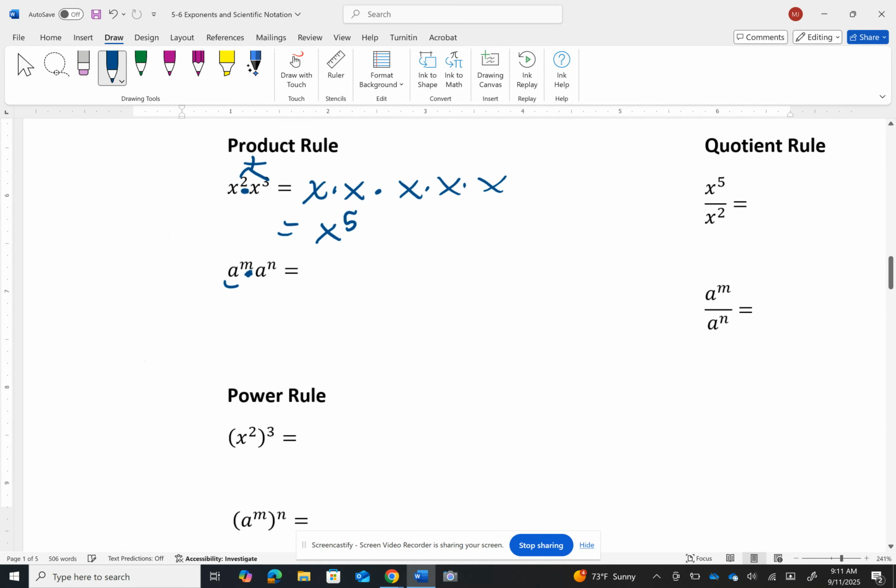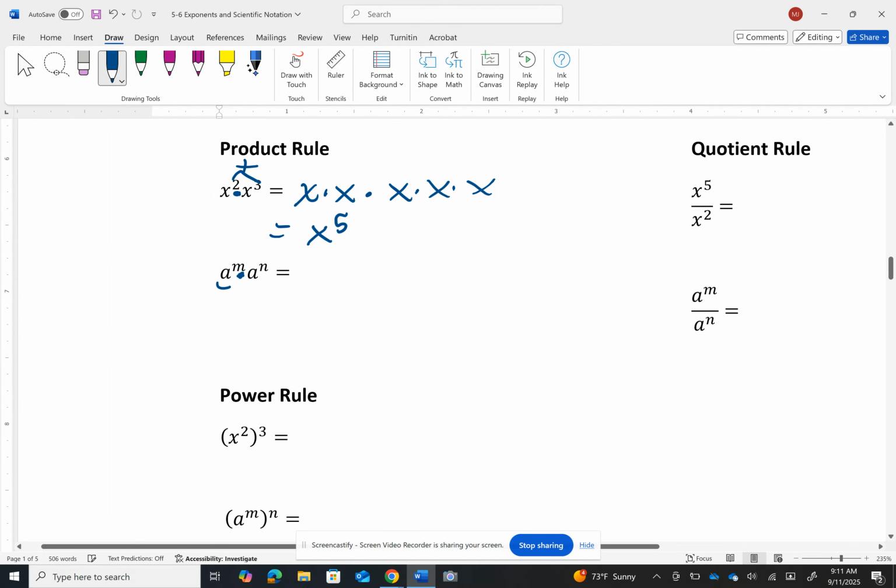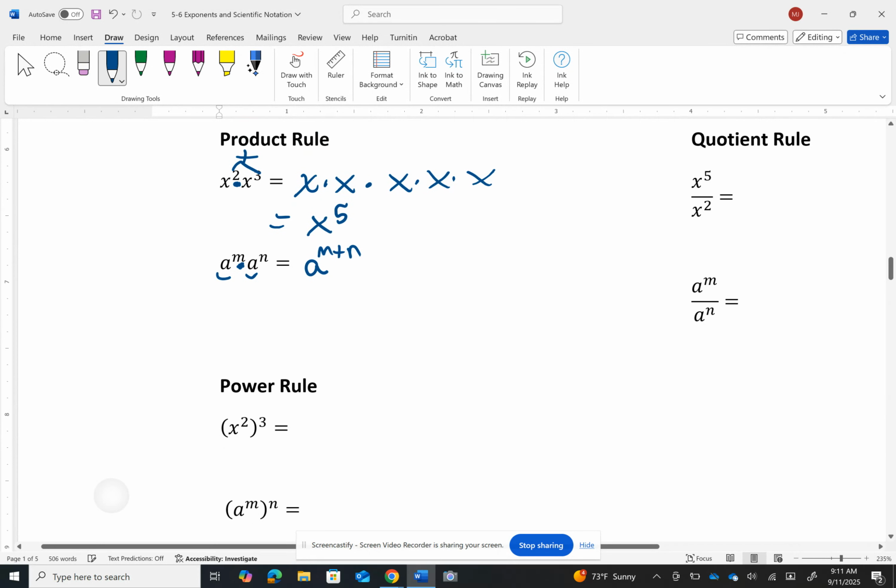When you have two expressions that have the same base like that, what you can do is write the base raised to m plus n. Okay? That's called the product rule.